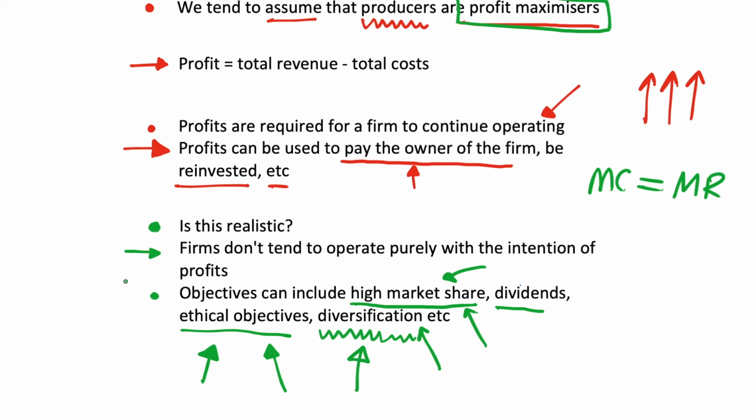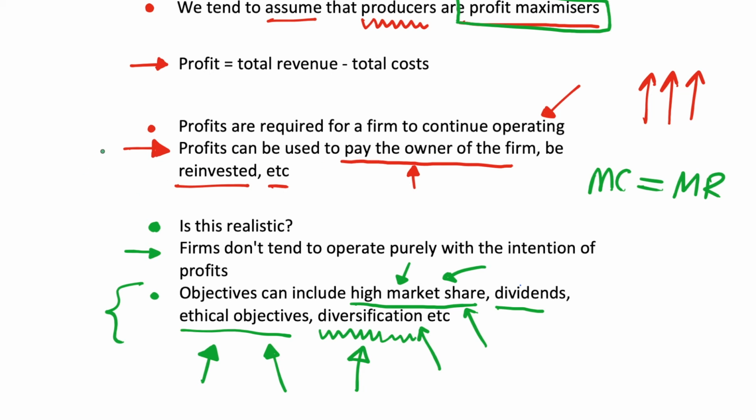Whereas these sorts of policies that a firm might undertake, they might reduce profit now in order to increase market share, and that expands their profit in the future. And it's not 100% clear if all of these objectives are maximising profits. The point is that there is a lot more than profit that's going on with businesses. They don't only care about this one objective.